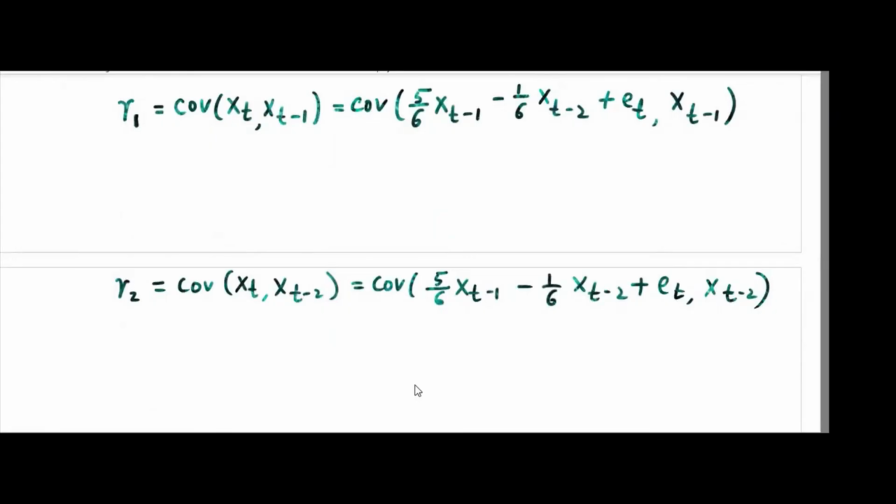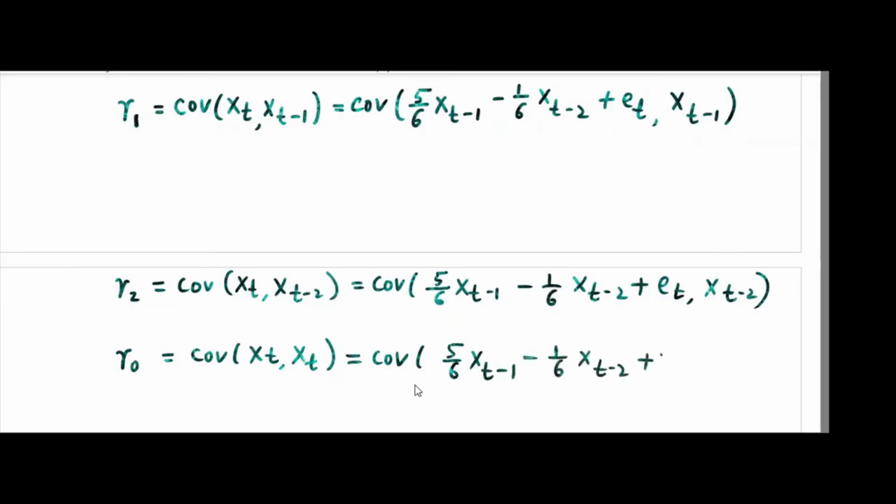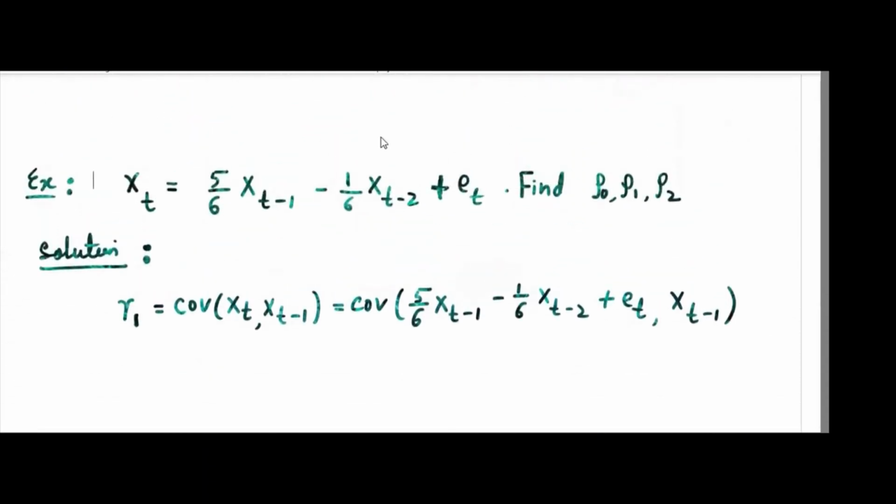Let me write gamma naught as well. Covariance x_t, x_t. So the first one where you see x_t, there you need to substitute the value given in the right hand side. So now this is an AR(2) process, remember AR(2).